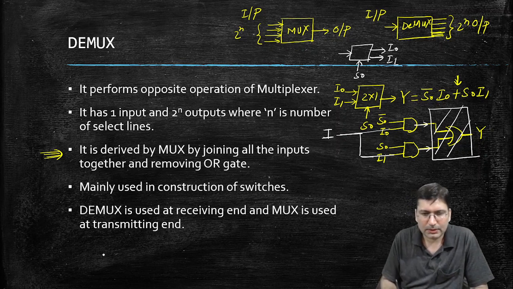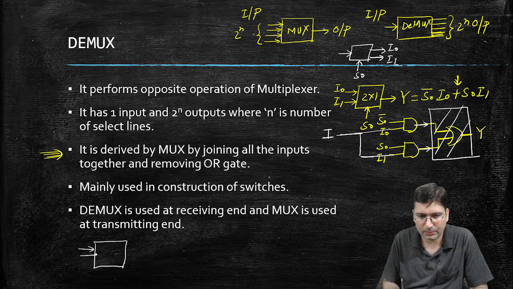So the meaning is, let's say we are having a multiplexer, say a 4x1 multiplexer. There are 4 inputs and there is 1 output, and there are 2 select lines, right? Now this line can be transferred and we can use a demux here.